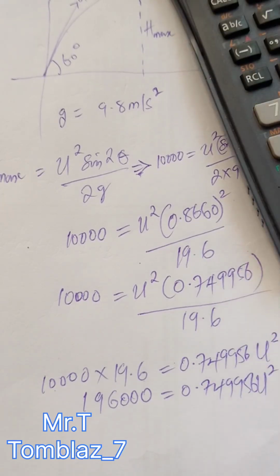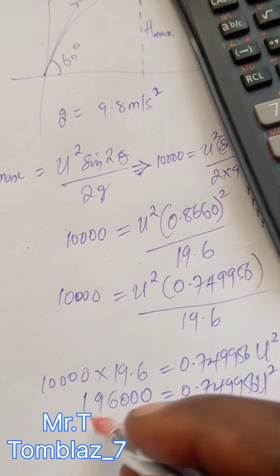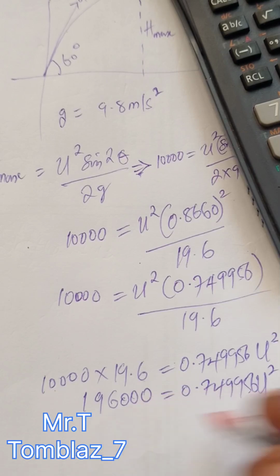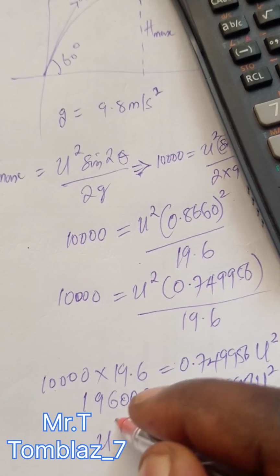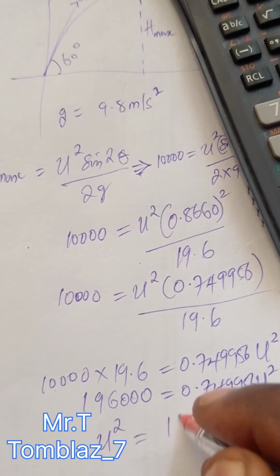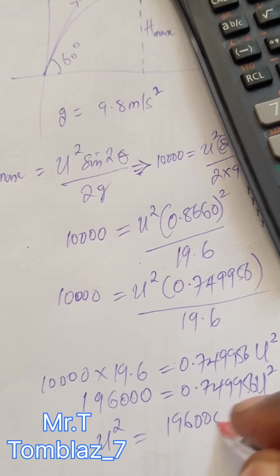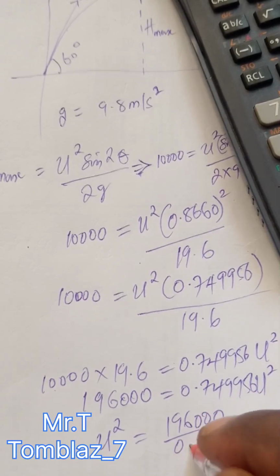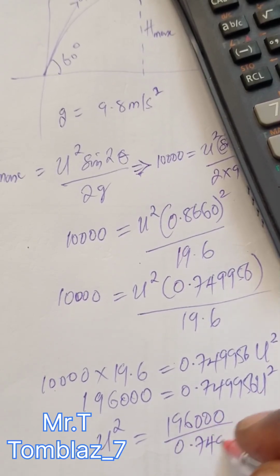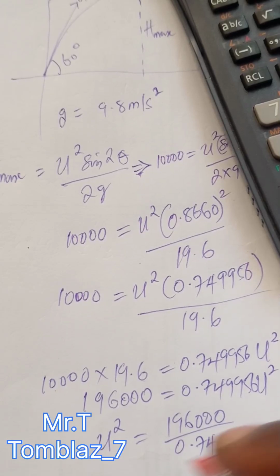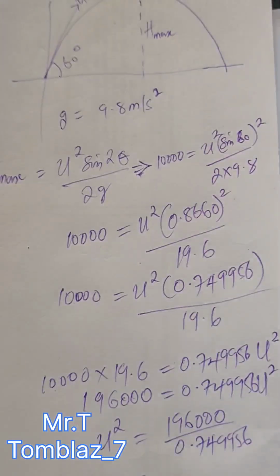Since we are looking for U, let's divide through the equation by what is standing by U squared. So U squared is equal to 196,000 divided by 0.749956.